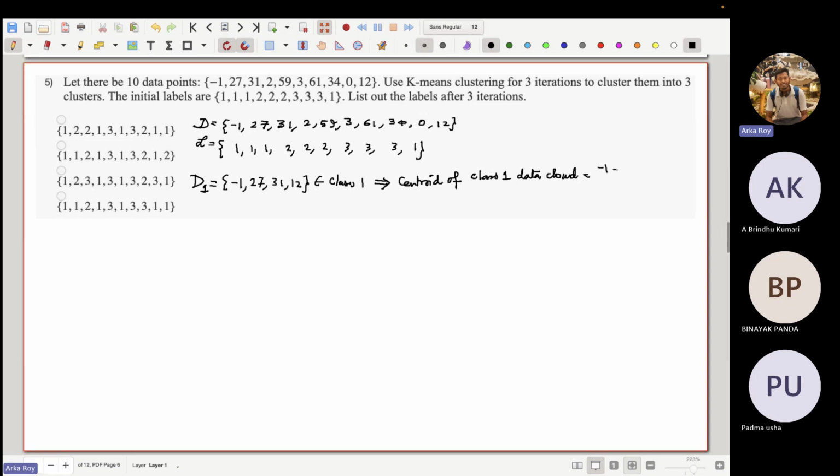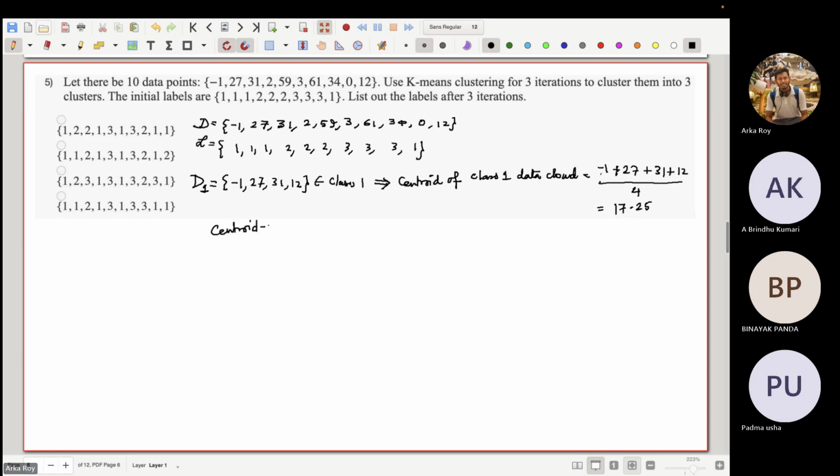It is -1 plus 27 plus 31 plus 12 divided by 4. So I am taking an average of the data points, and my average comes to 17.25.